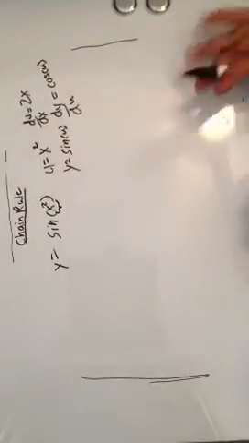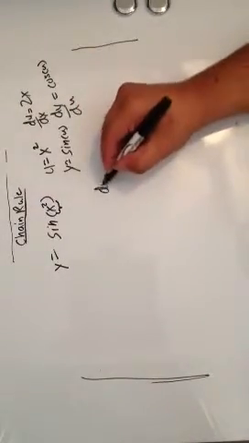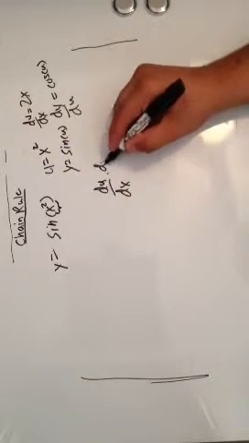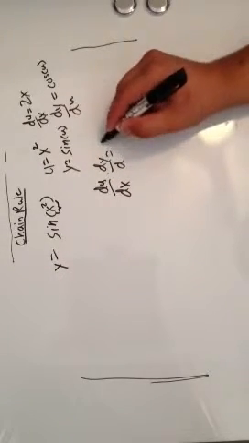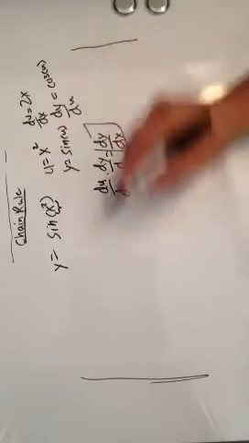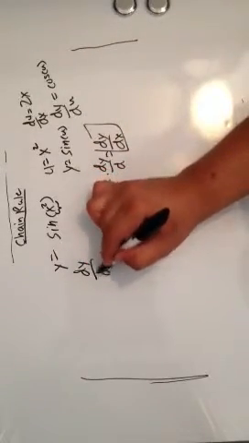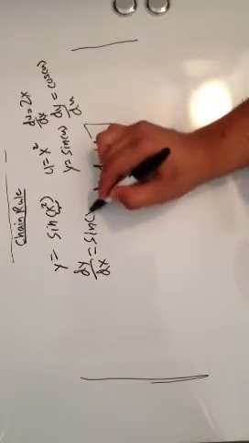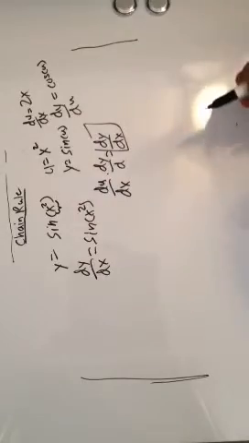And then we just do the same thing. We let the Leibniz notation guide us. So du/dx times dy/du is equal to dy/dx, which is really just what we wanted: the derivative of y with respect to x of sine of x squared.